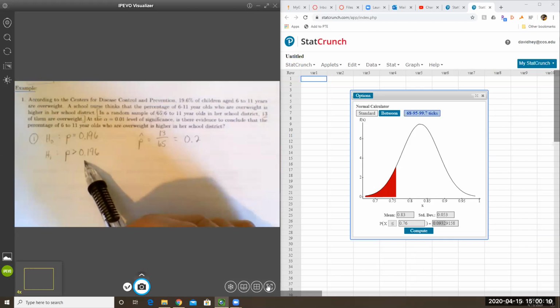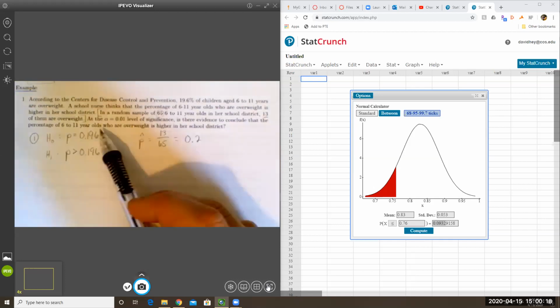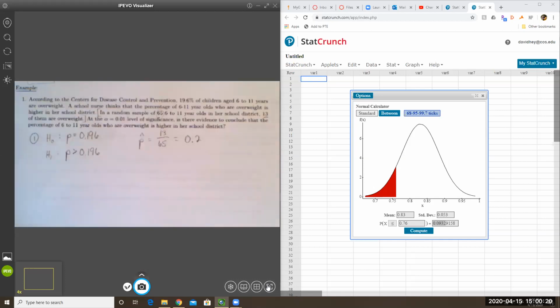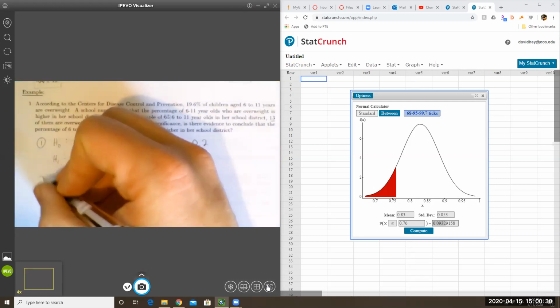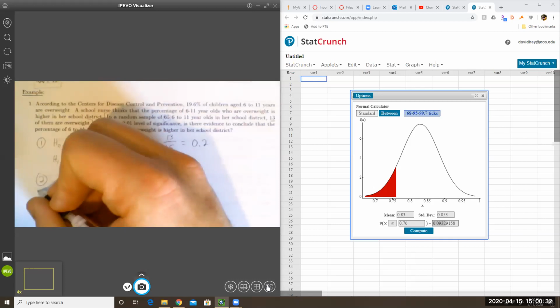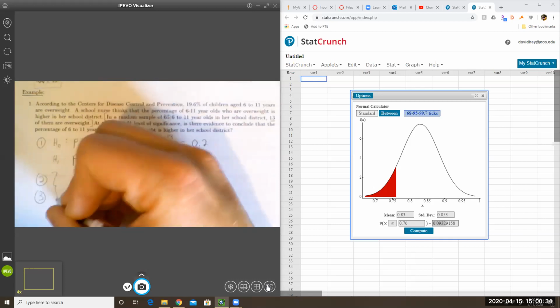The question is, is it different enough? Is it a big enough difference for us to conclude that the null hypothesis should be rejected? Well, the only way to figure that out is to compute the p-value corresponding to this sample proportion. So we'll do that in steps 2 and 3, and both of these things are going to be done in StatCrunch.